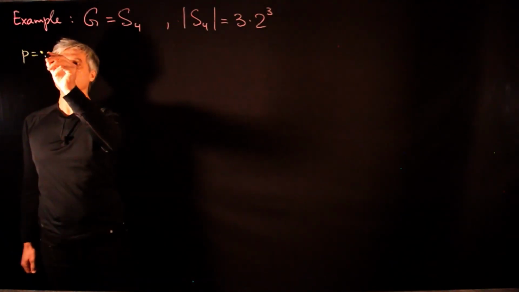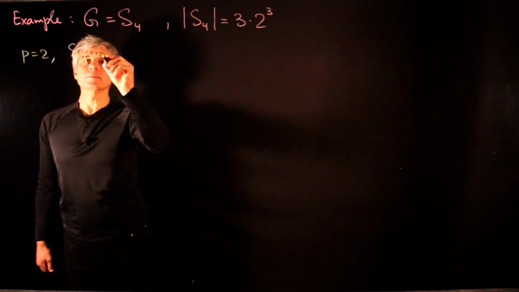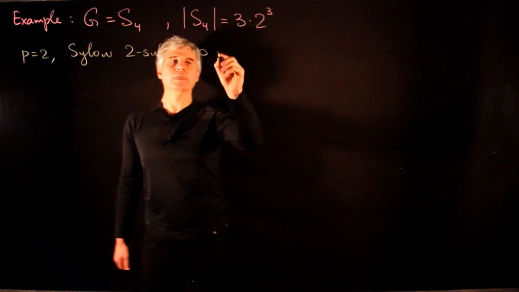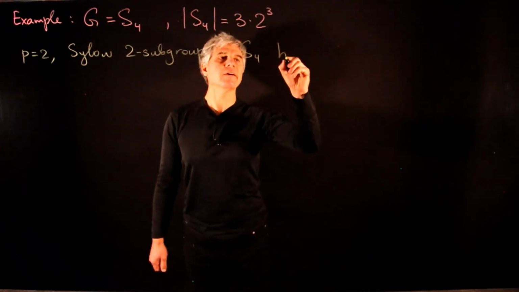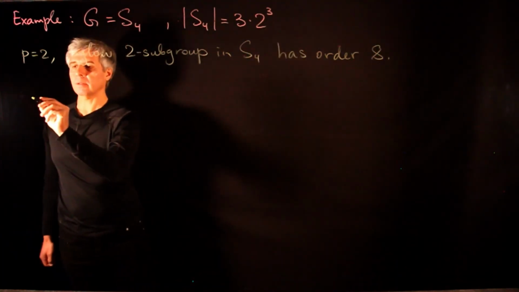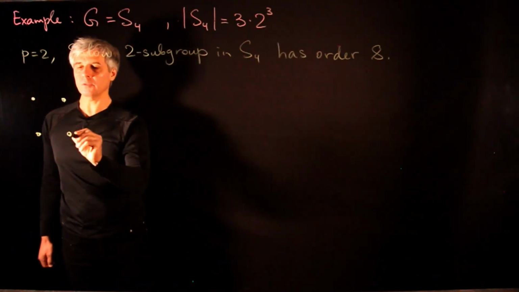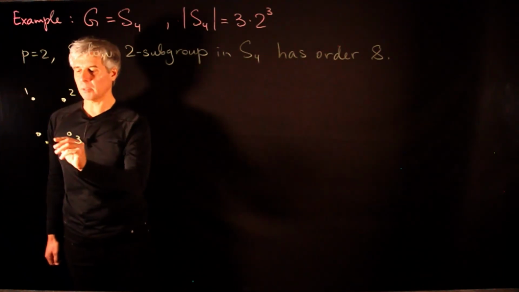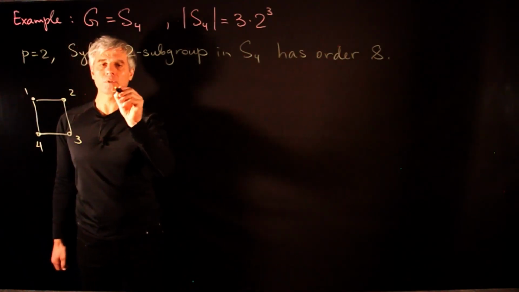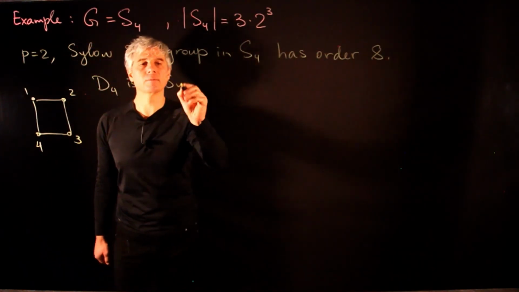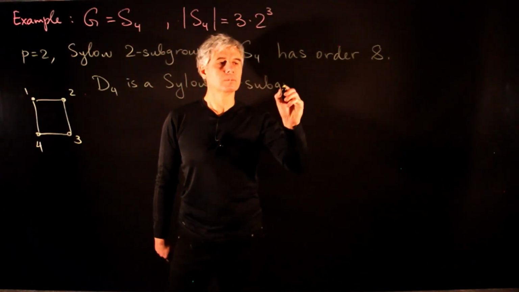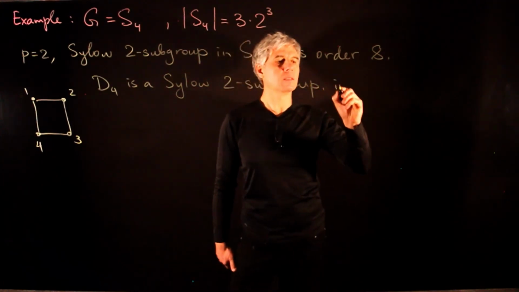Now let us take p equals 2. A Sylow 2 subgroup in S4 must have order 8. And so we see that if we take D4, which is the group of symmetries of a square, then D4 is a Sylow 2 subgroup in S4.